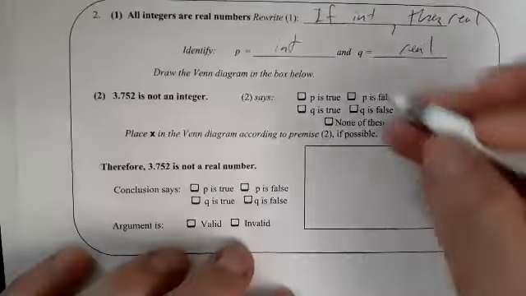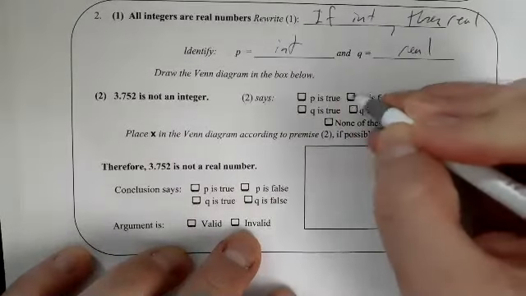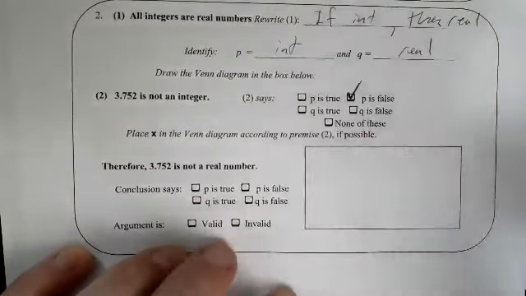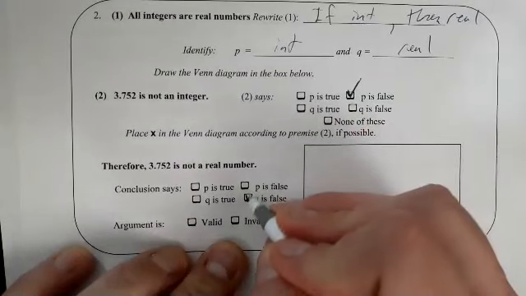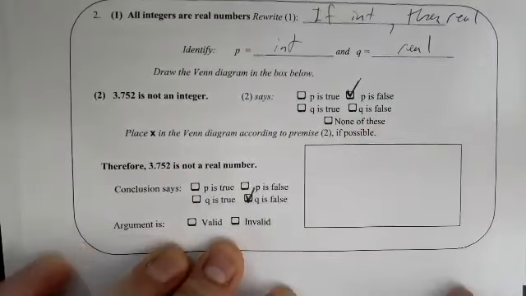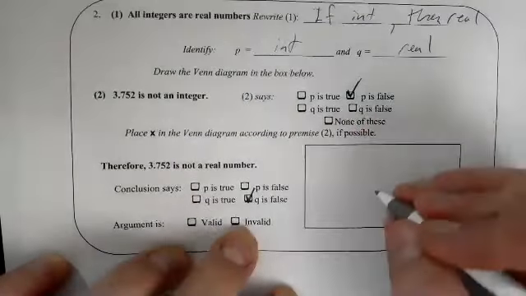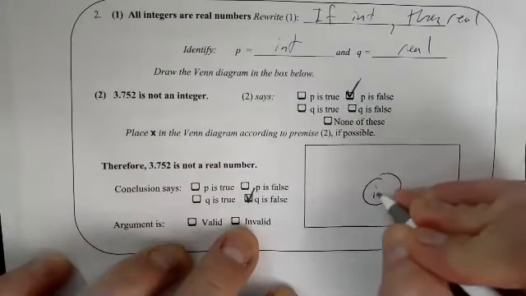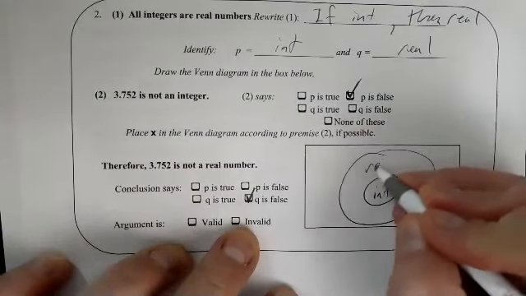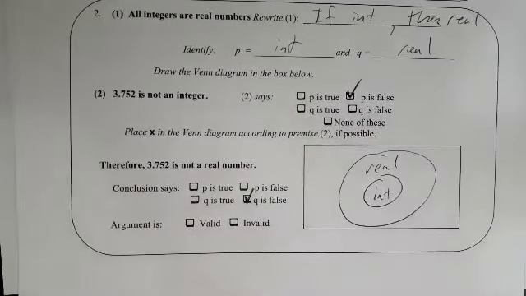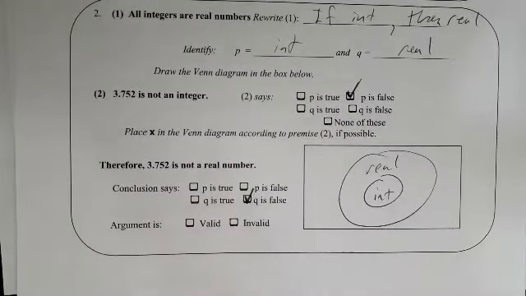P is false. This is giving me P is false. Not real would be what? Q is false. This is integer. Real. And now I want to test this thing for validity.